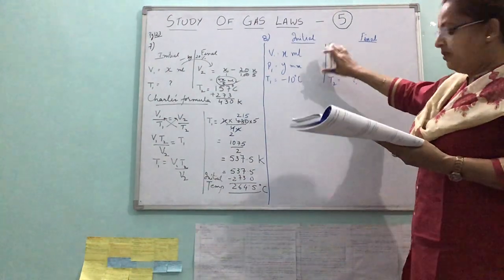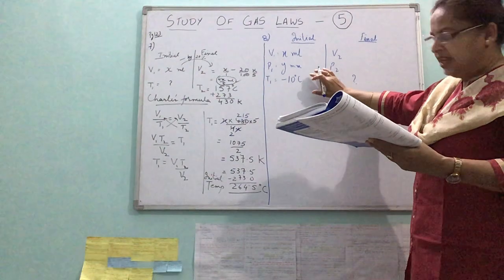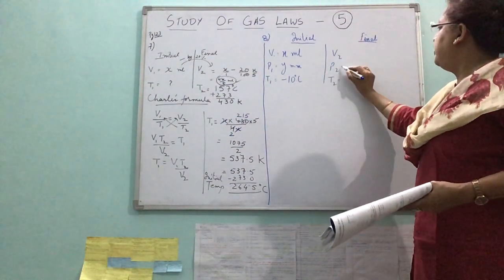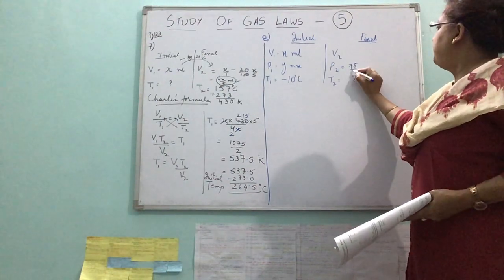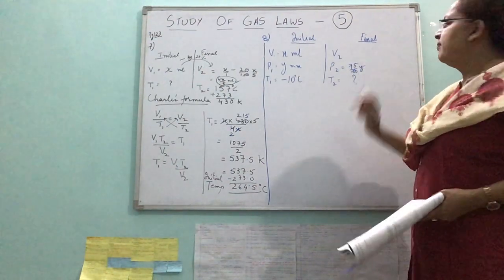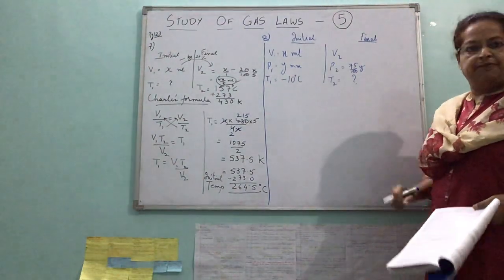Now let's find out V2. They are saying the pressure of the gas is reduced to 75%. So this is only 75% of Y, because they are saying pressure is reduced to 75%.